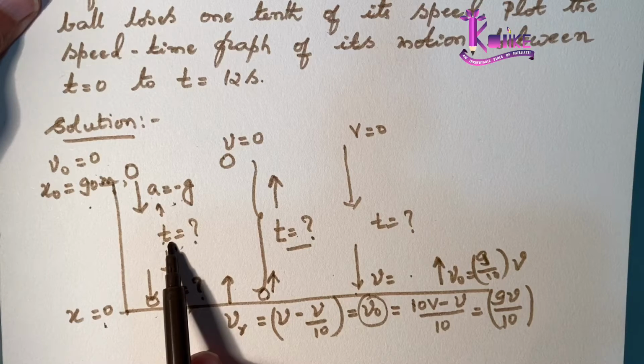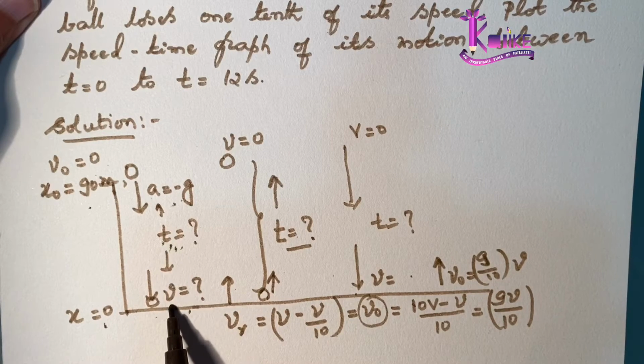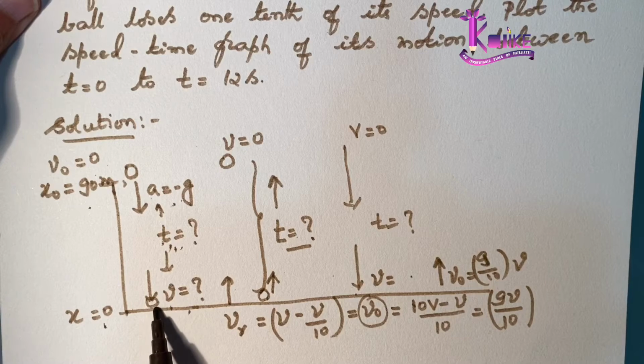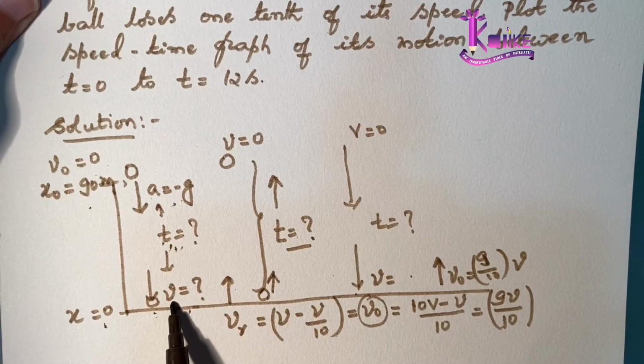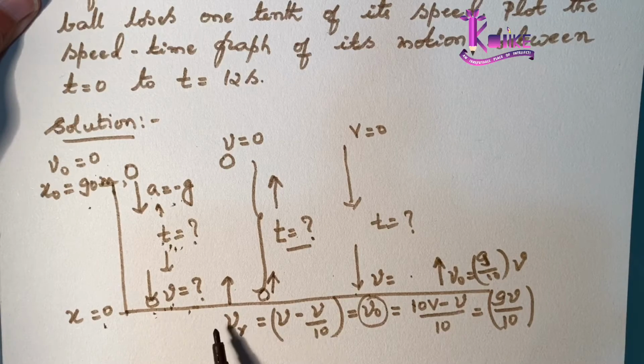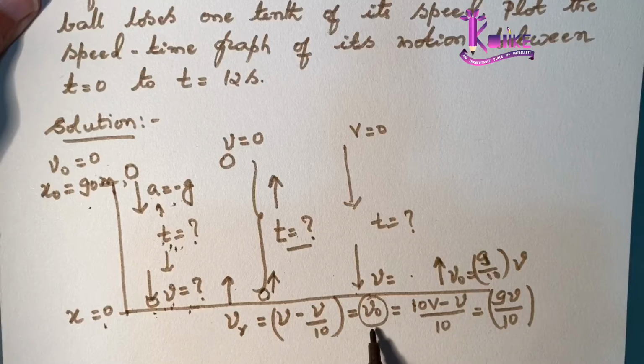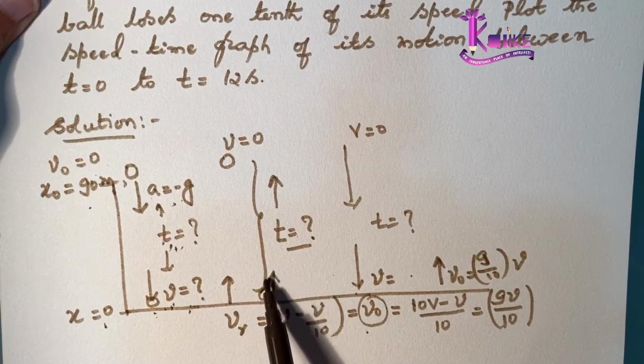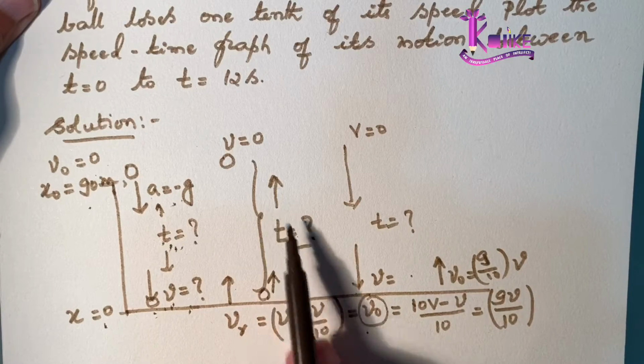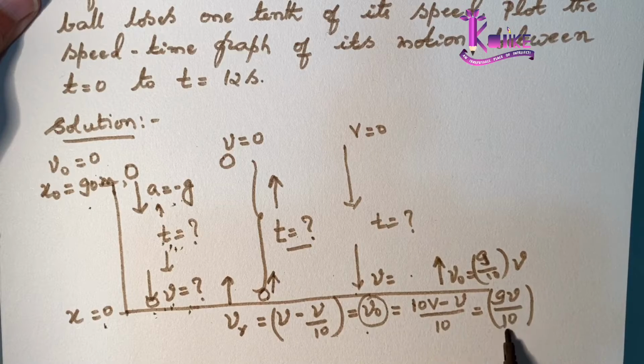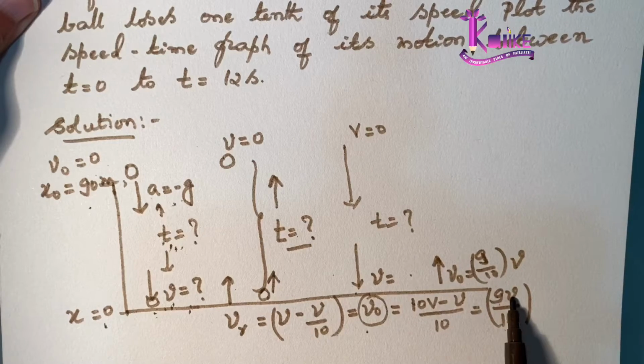Now after calculating t, I will use the value of t and find out the velocity or speed with which the ball would just reach the ground, that is, the final velocity of the ball before hitting the ground. With that information, I can calculate the initial velocity with which the ball would travel in the upward direction, because I know it will be 9/10th of v.